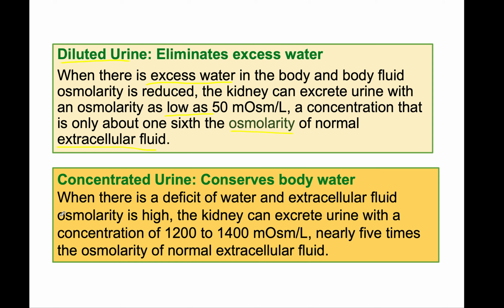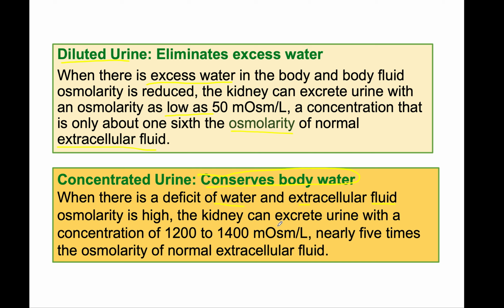However, with concentrated urine, this is the body's way to conserve water. So when there is a deficit of water and extracellular fluid osmolarity is high, it means that there is less water, and that makes the osmolarity high because in this case the solids percentage will be higher in water, so the osmolarity will be high.